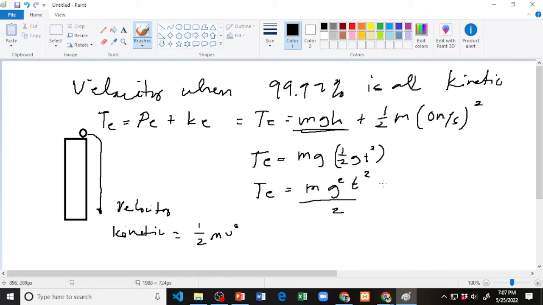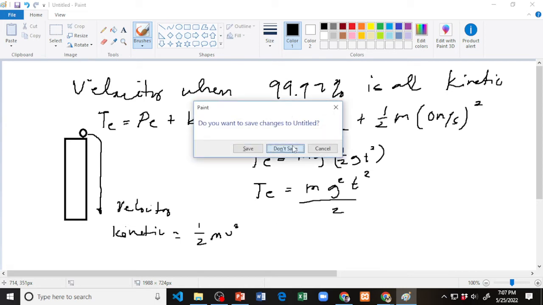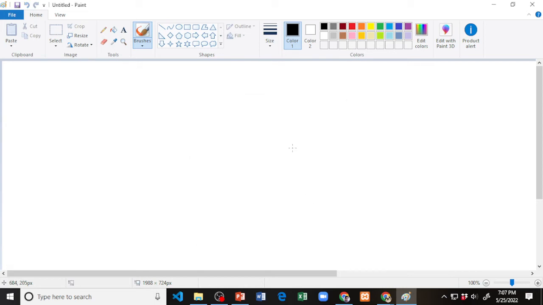And we know that 99% is converted into KE. So we have here a new formula: 0.99 of the TE is converted into kinetic energy.